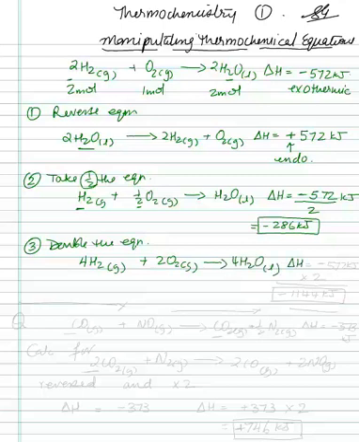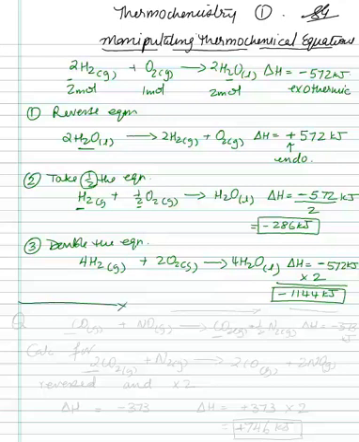Delta H is still exothermic, but now you're going to multiply this number by 2, and so your answer becomes minus 1144 kilojoules. So keep it simple. If you're doubling the equation, you double the delta H value, the enthalpy value. If you're dividing it by half, then divide the delta H value. So you manipulate accordingly. This is called manipulating thermochemical equations.